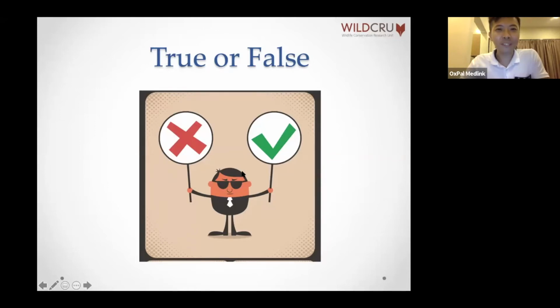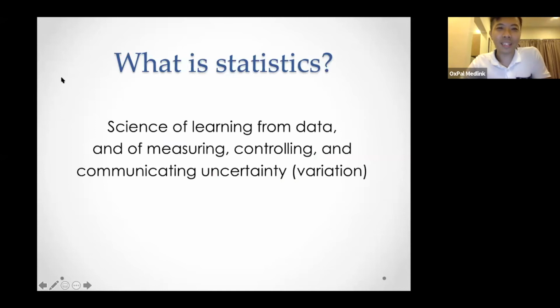So let's begin. What is statistics? It's a science of learning from data and of measuring, controlling, and communicating uncertainty. So the variation. So if I ask you what's your height, there is variation. There's bound to be variation. My height is 170 cm. That's not a secret. My age is 37 years old.